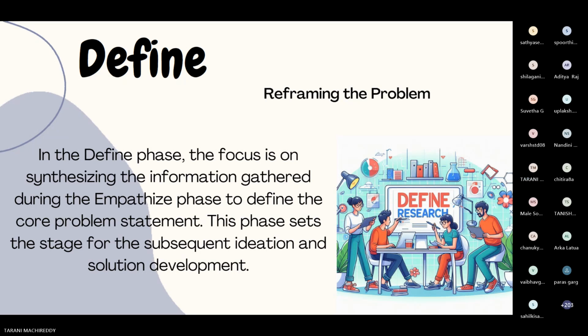Let's take Blinkit again. They may get many reviews or suggestions to change, but the core problem statement they defined is time. They can deliver in minutes, not in days or hours. That's the core problem statement.